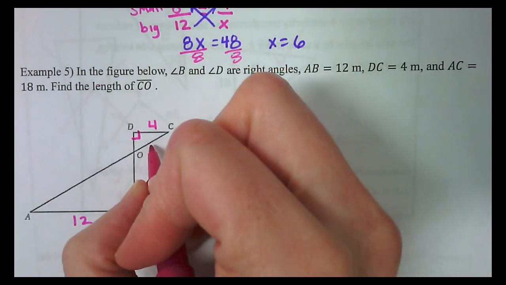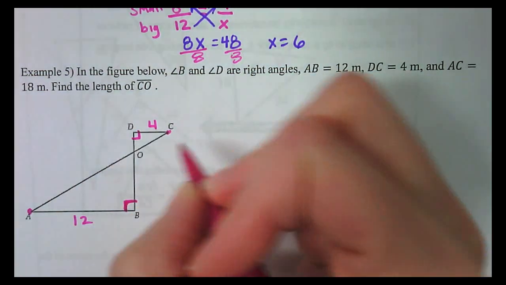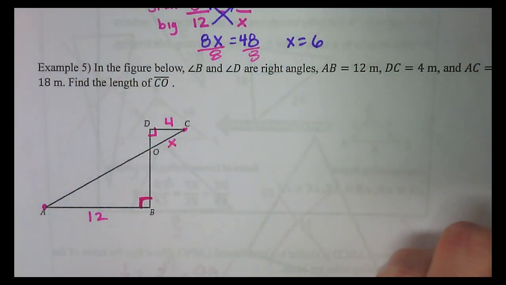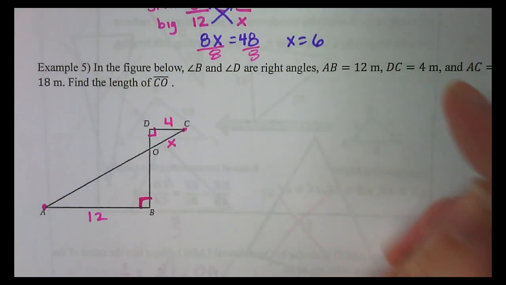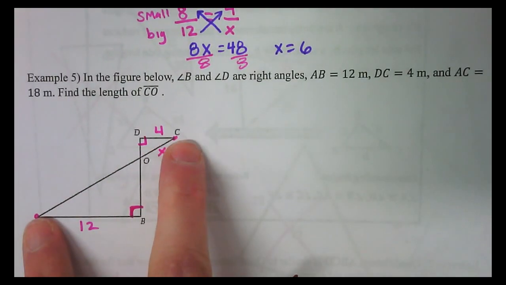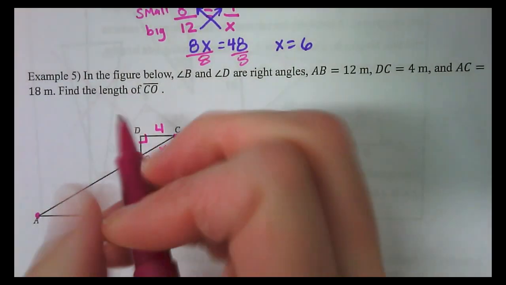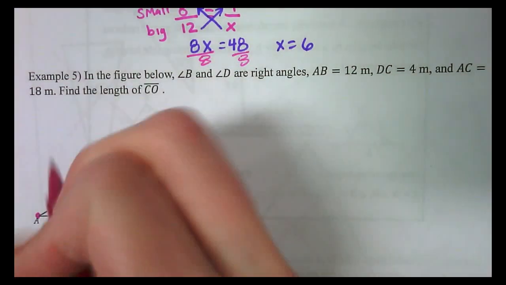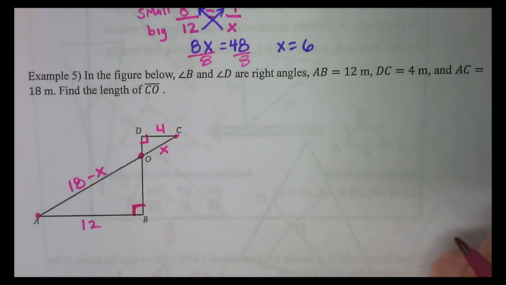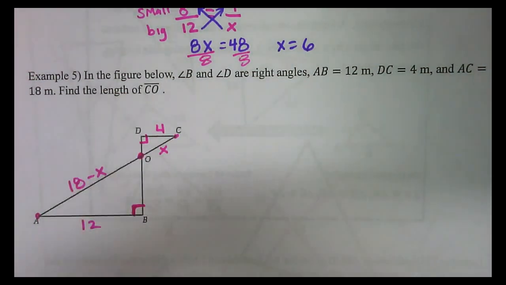Okay, so if A to C is 18 total, C to O is going to be my X. That's what I don't know, because it says find it. If all of this is 18, then from here, A to O, we would call this 18 minus X. So now we're looking for which parts match up.